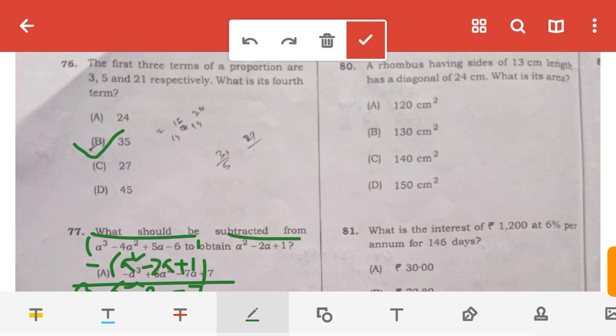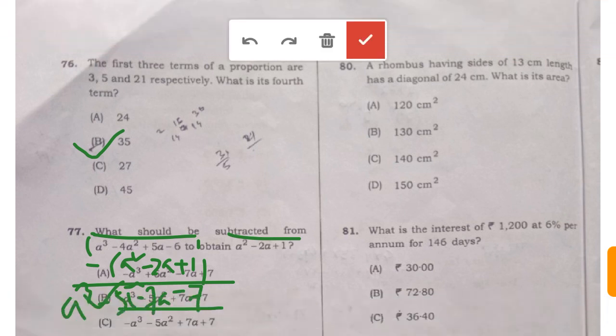Question number 80. A rhombus having side of 13 cm length has a diagonal of 24 cm. What is its area? We know the area of a rhombus is equal to half of diagonal 1 into diagonal 2. Here only one diagonal is given, so we have to find out the second diagonal and then we will get the answer.